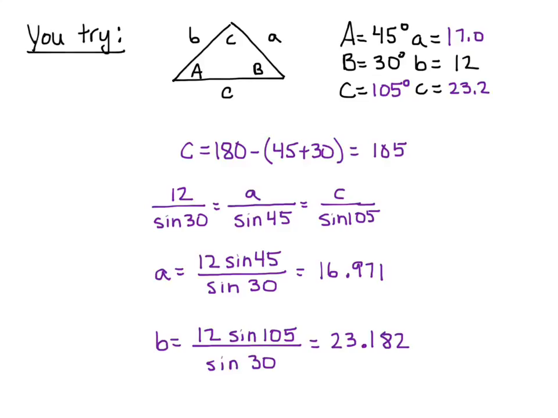Okay, so just keeping inventory, when we know two sides and an angle, we get all three angles, okay, and we get a side. So this one, we only need to use the sum of angles and the law of sines.